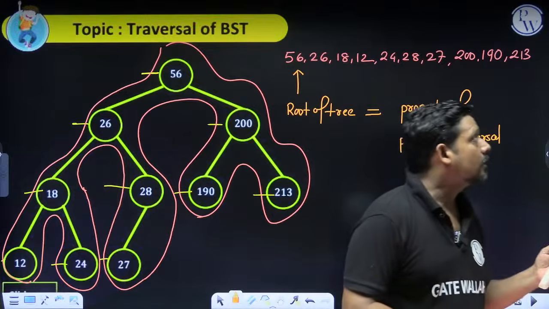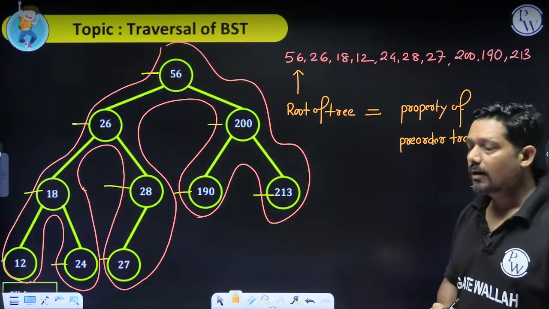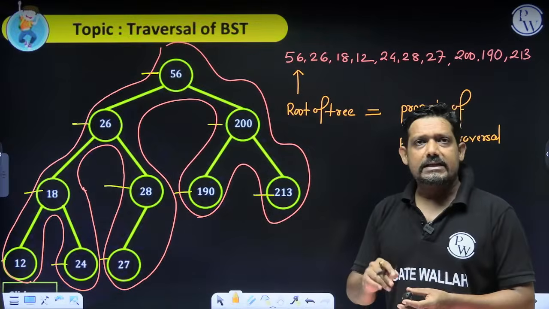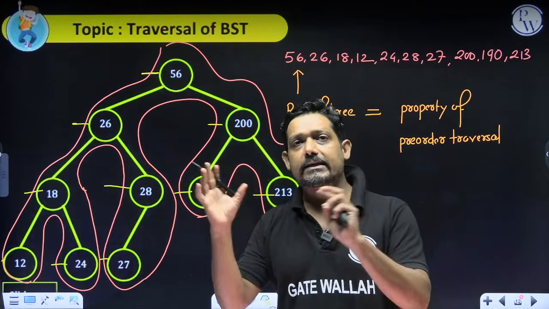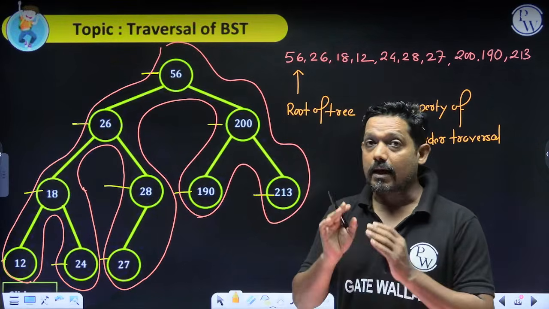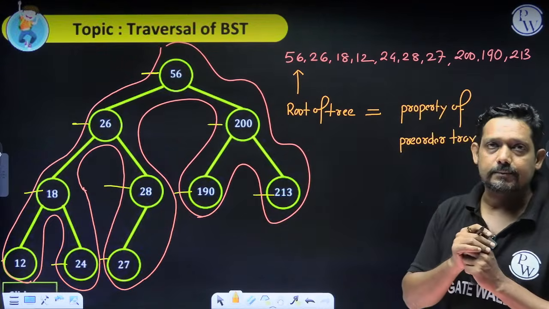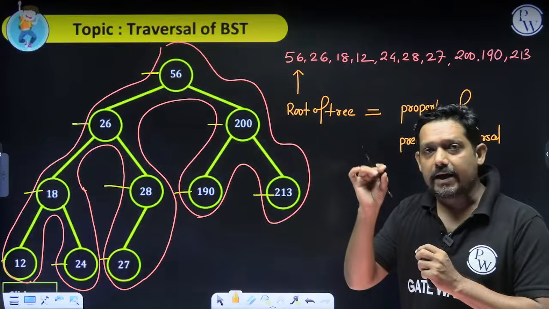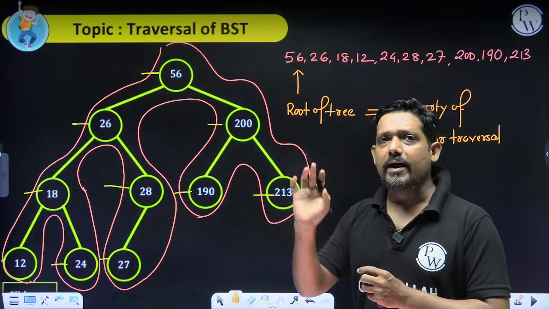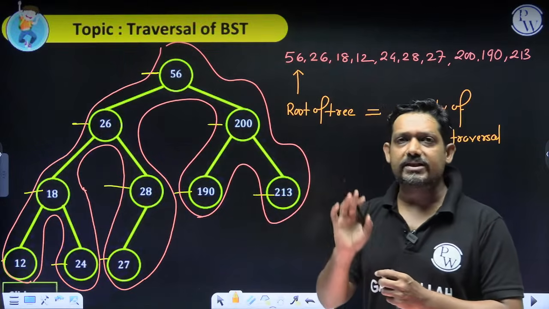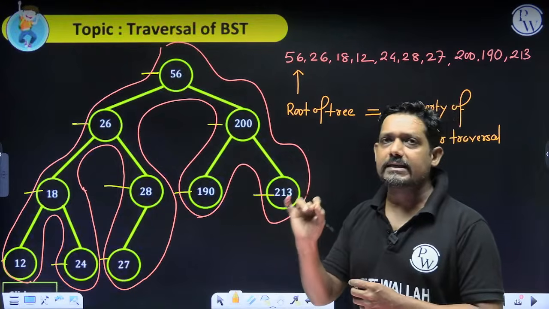How? We know from the BST property that the elements on the left will be lesser than 56 and elements on the right side will be greater than 56. If I observe each element, I can identify which element is on the left and which on the right based on the property of a binary search tree.